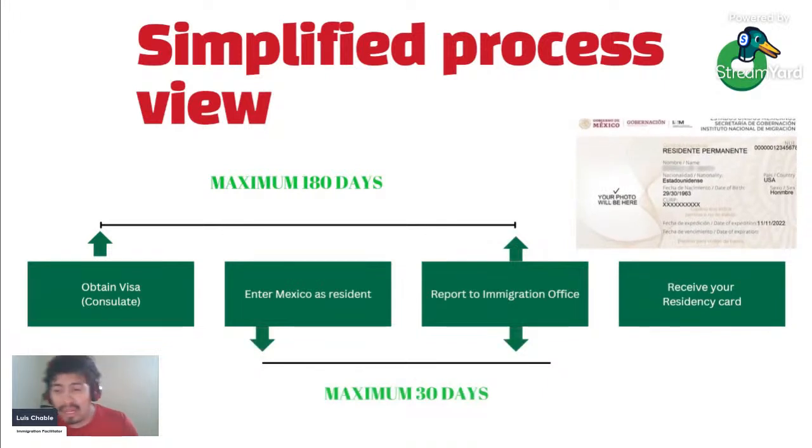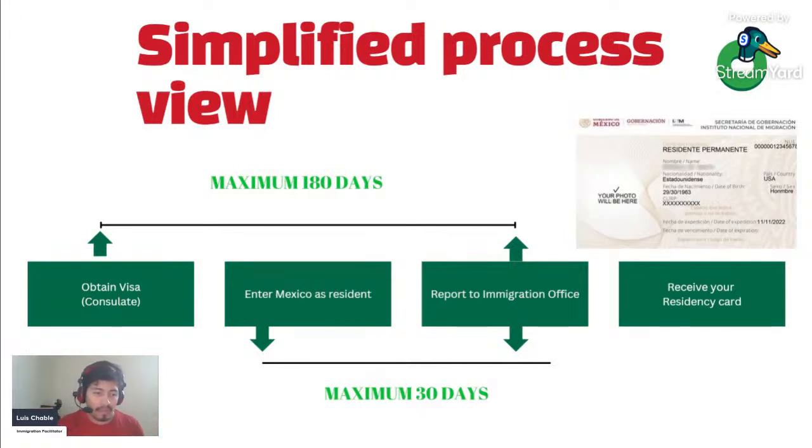And well, the last point is, I told you a lot of points about this Mexican migration map, but I simplified all the process in this short map, okay? I told you, when you obtain your visa, until you report to the immigration office, INM, you have a minimum of 180 days to report to the immigration office.